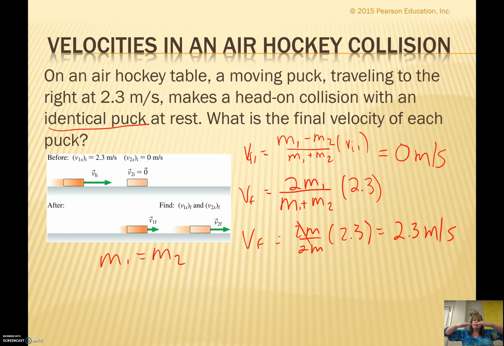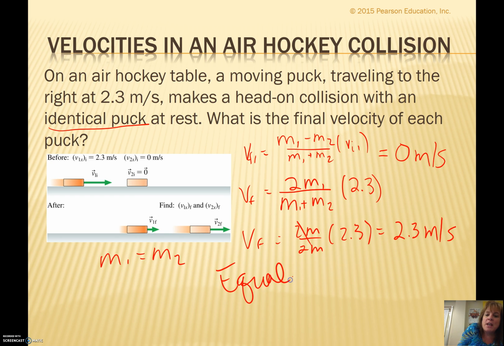Well, those were elastic collisions, and that is true. Anytime you have an elastic collision where one object's moving, the other one's at rest, and they have equal masses, they have to have equal masses, then one transfers all its momentum, all its energy to the other. But that has to be equal masses. So this scenario is true only for equal masses.